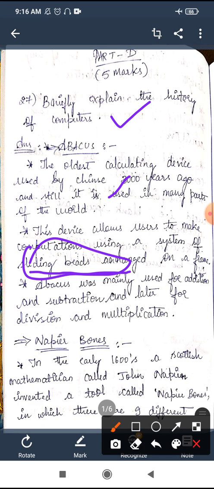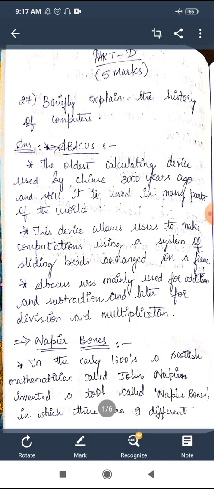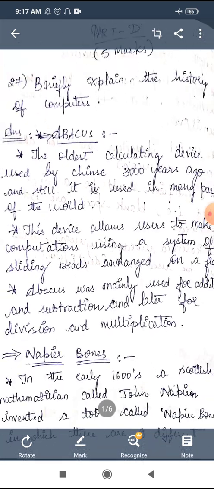Addition and subtraction were performed, and later even multiplication and division were also performed using the abacus system.